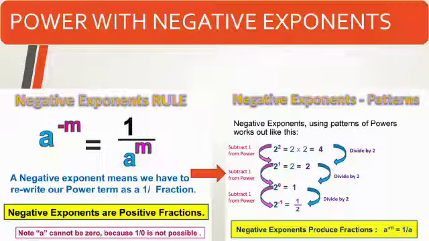Again the power is 2^0, again divide by 2, we get 1. Again 2^(-1) equals 1 by 2. Each time we divide the right-hand side by 2, we get one lesser 2 in the multiplication. Negative exponents produce fractions: a^(-m) equals 1 by a^m.